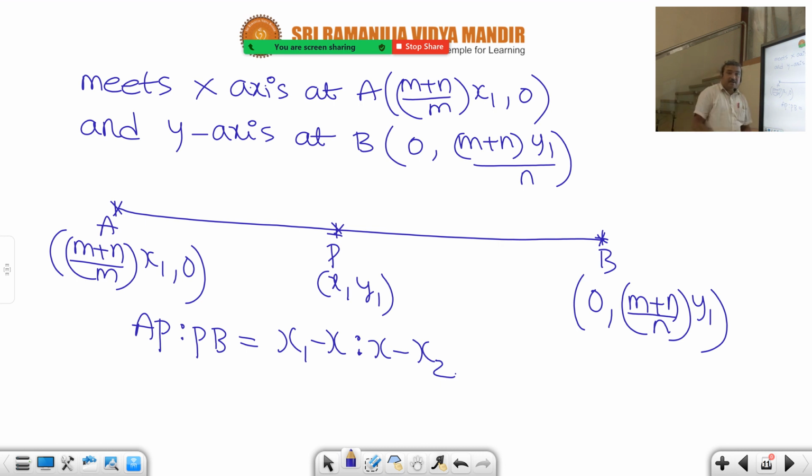This formula you have learned in the earlier stage, in the month of June, July, in Maths 1B prerequisites, at the beginning before locus, right? x1 minus x is to x minus x2. x1 means this thing, m plus n by m into x1.